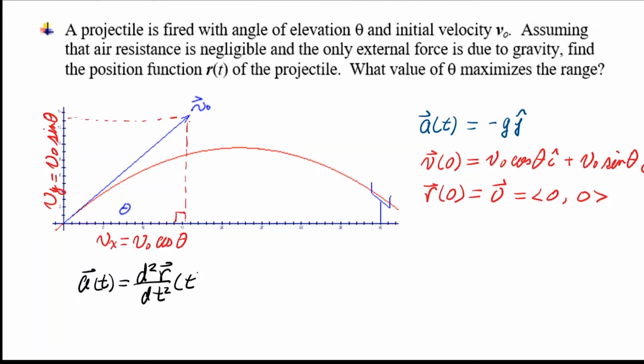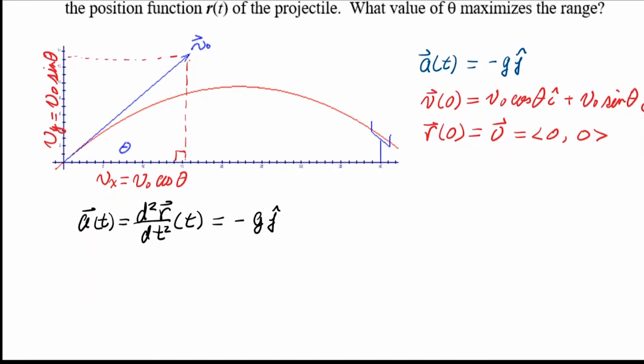Some people put t here, some people put it there. It's okay, just to make sure you know that this is a function of t. Negative g, there's no t, j vector, and that's it.